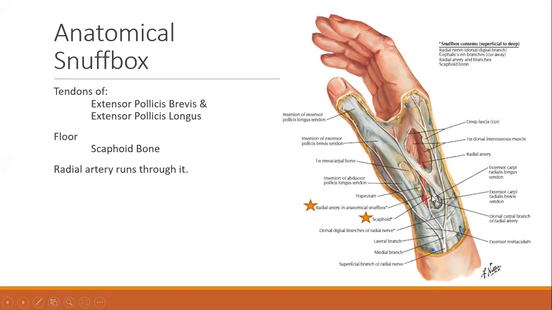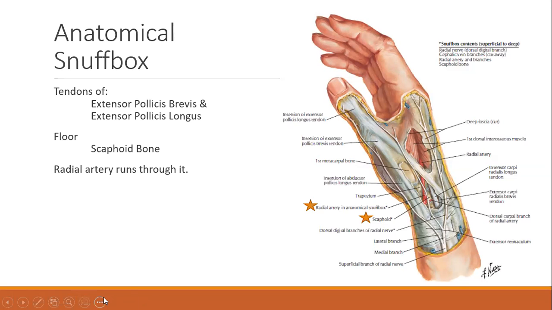Note that in the floor, or deep in your anatomical snuff box, you actually have your scaphoid bone, your trapezium, and the proximal portion of your first metacarpal. Your radial artery passes through your anatomical snuff box.